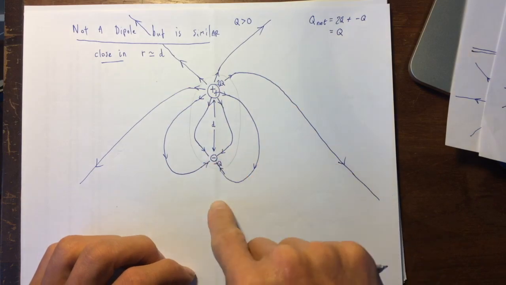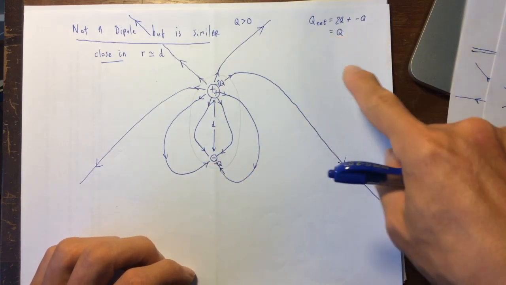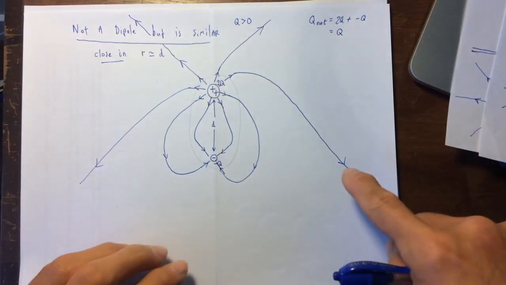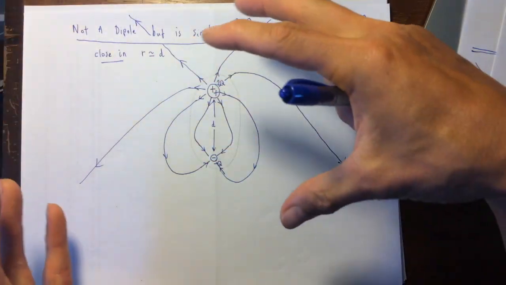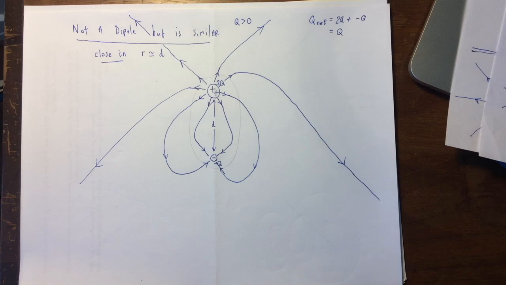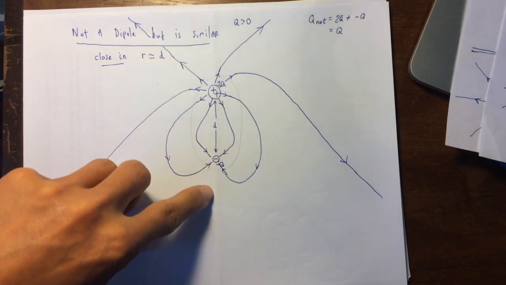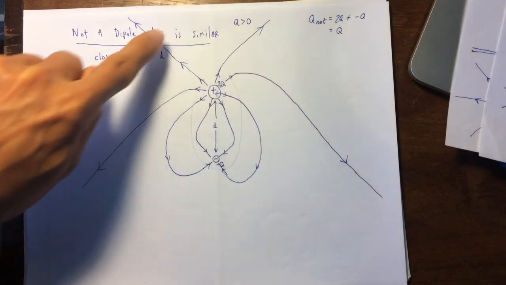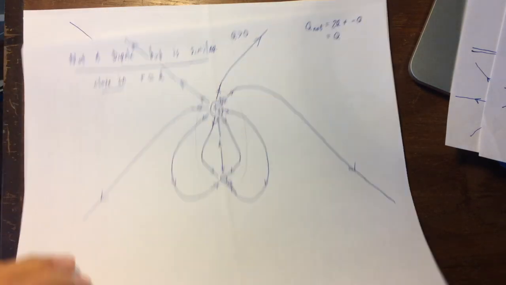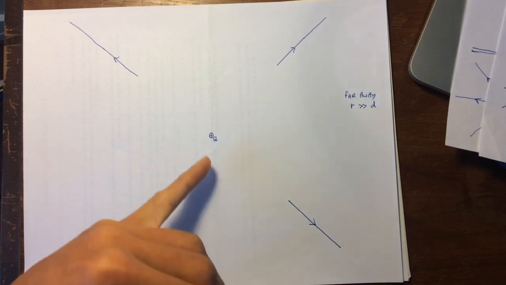The net charge of this is capital Q, and capital Q far away has 1, 2, 3, 4 field lines that are sort of symmetrically distributed around the charge distribution. Close in, the field line diagram is complicated, but far away, the field line diagram is simple. That's the simple net charge field line diagram.